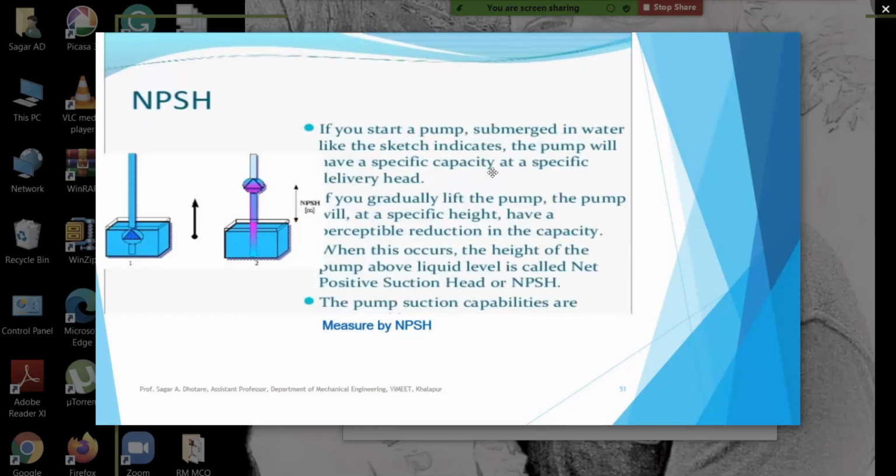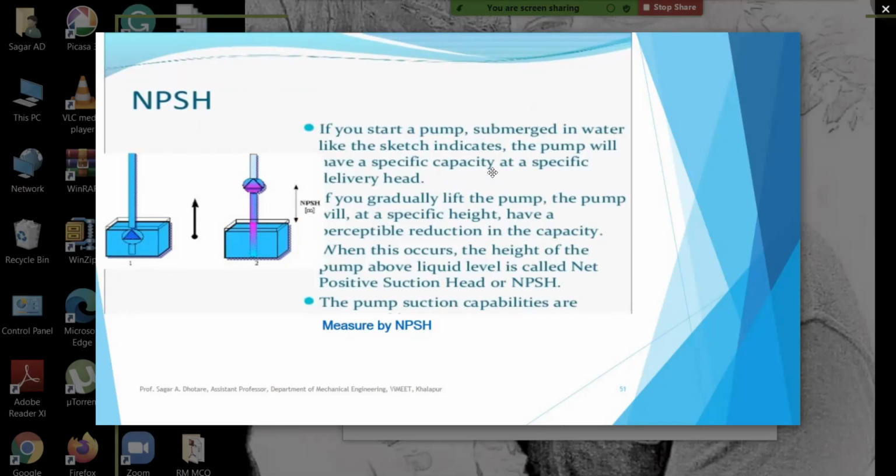Now NPSH, net positive suction head. If you start a pump submerged in water like the sketch below, the pump will have a specific capacity and a specific delivery head.